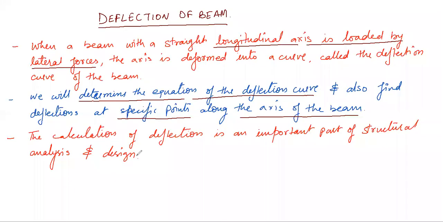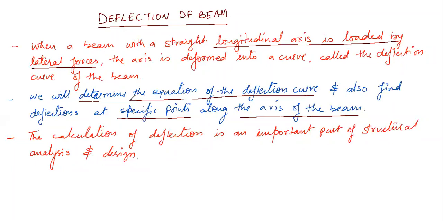These deflections are also important in dynamic analysis. Suppose you are going to investigate the vibration of aircraft or the response of a building to earthquake, then this calculation is very much important. If load is applied on any beam, then what could be the maximum deflection? That information you have to know, and based on this information you design the analysis part, right? So this is the importance of this chapter.